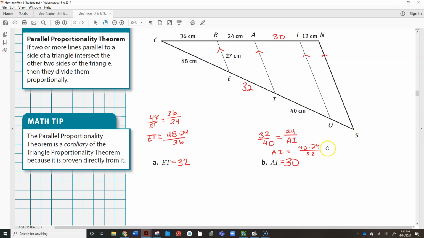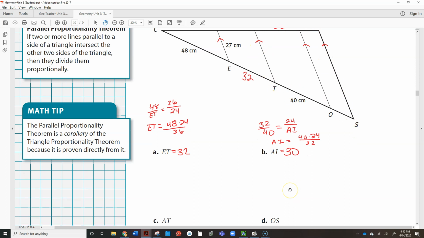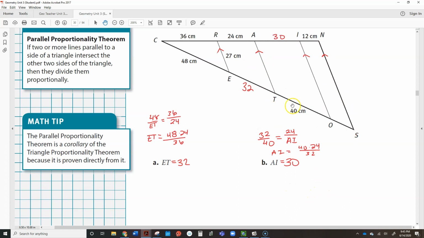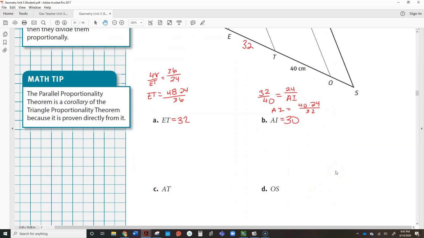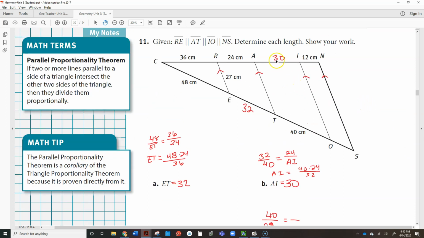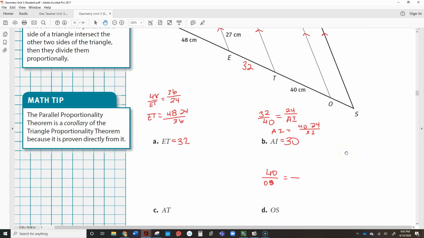So let's go ahead and find OS. To find OS, I'm going to use these four pieces right here. That's going to be 40 over OS. That looks like a 5, which is why I never write S's. And that's equal to what corresponds with 40? 30, which we just found, over 12.